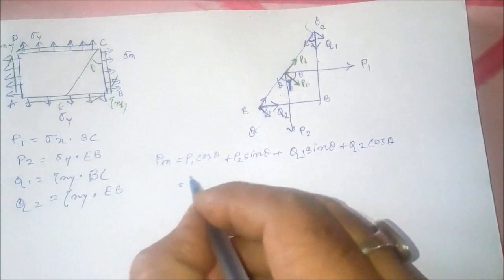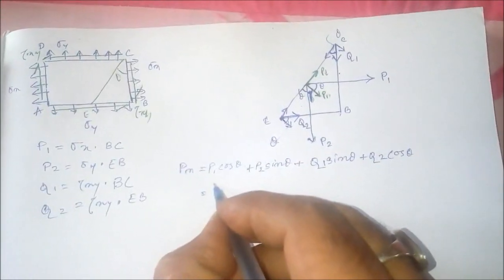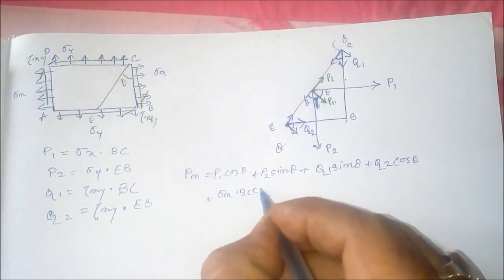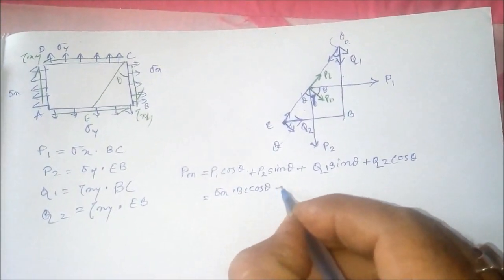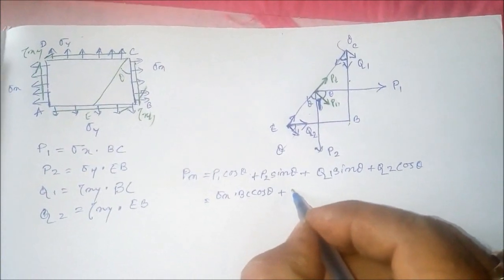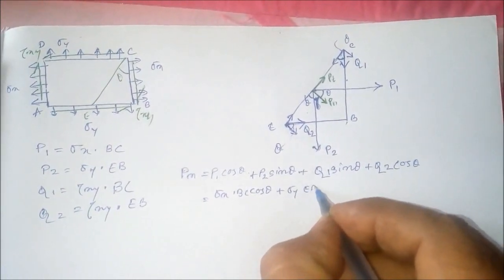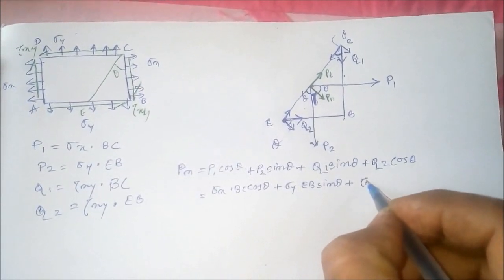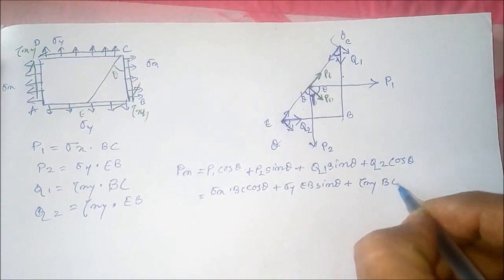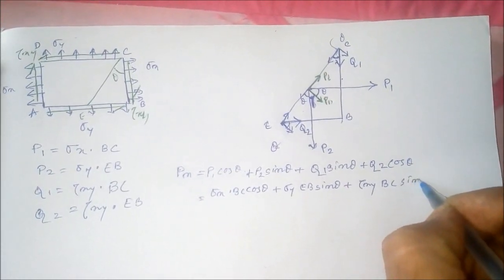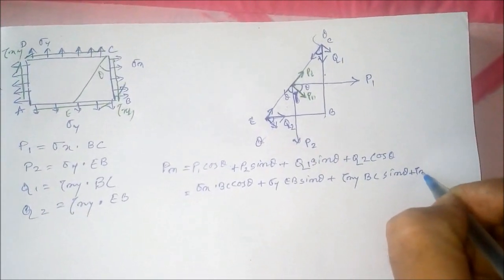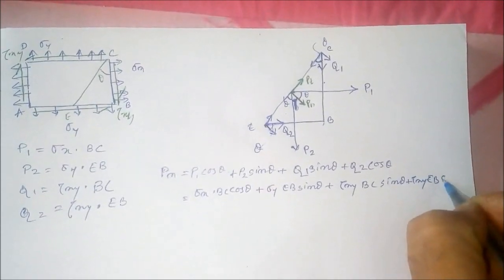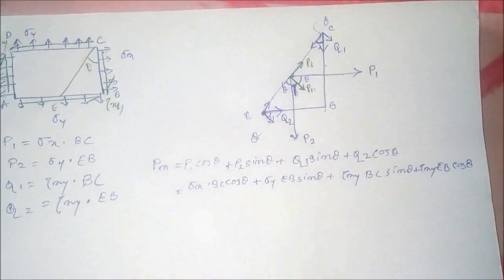And if we put the values of P1, P2, Q1, Q2, we will get sigma x BC cos theta plus sigma y EB sin theta plus tau xy BC sin theta plus tau xy EB cos theta, right?